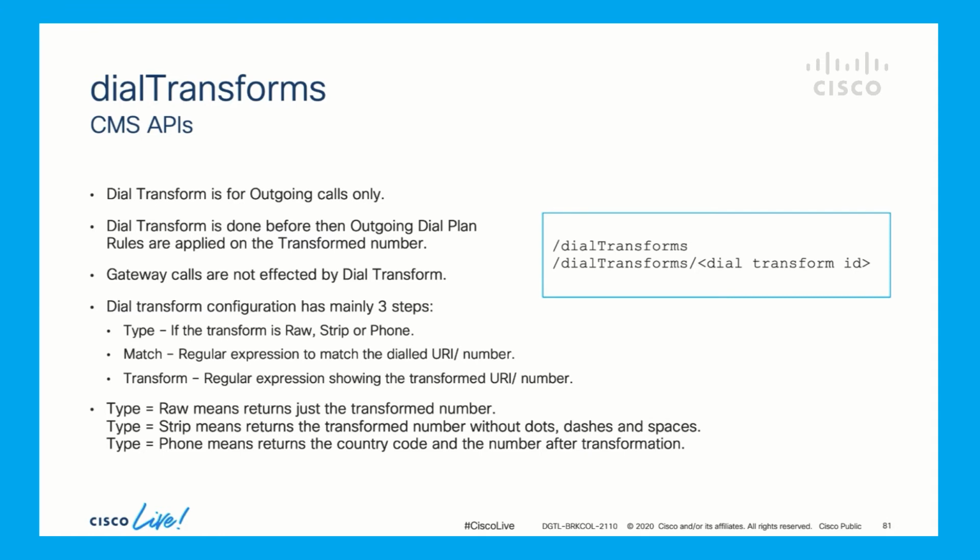For this to work, the transform activity happens before the dial plan rule check. This is done by the CMS automatically. One thing to keep in mind is that dial transforms don't work for gateway calls. So you cannot transform a gateway call. More about gateway calls in the Microsoft Interop section.